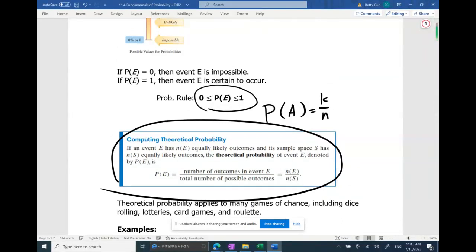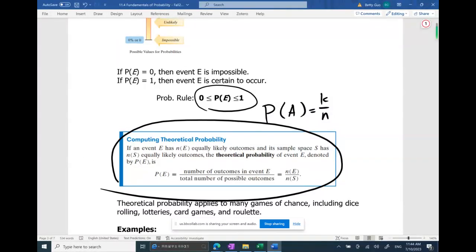This is my formula. I use P of A equals K over N, a fraction. The numerator is always less than or equal to the denominator, to guarantee the fraction is between 0 and 1. No less than 0, always non-negative, and no bigger than 1, at most 1 when the event is certain to occur.